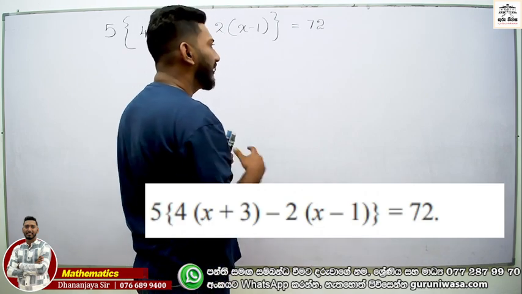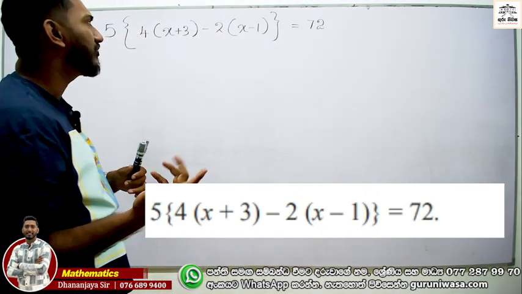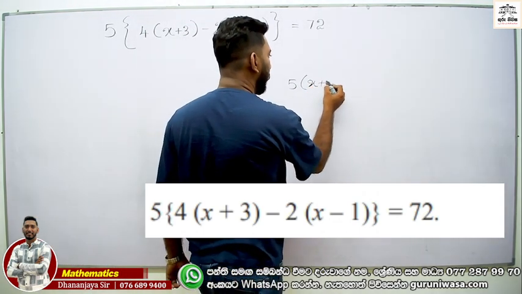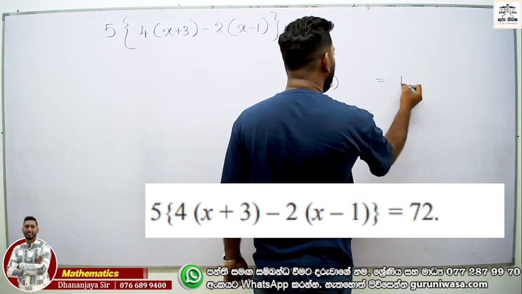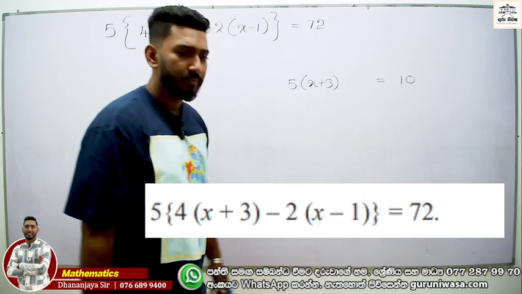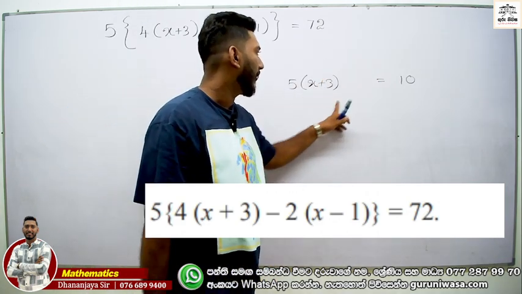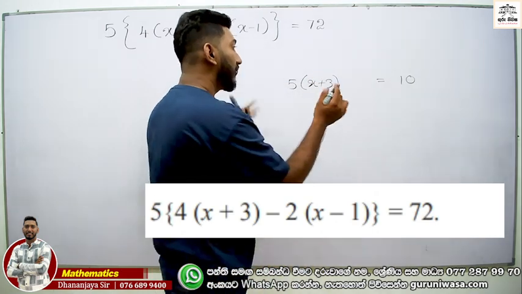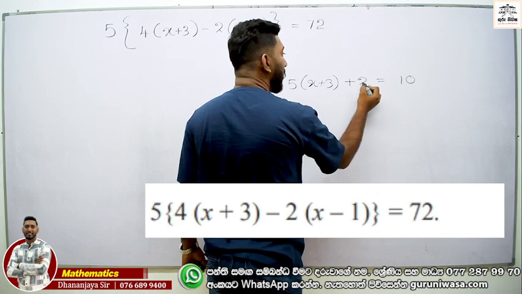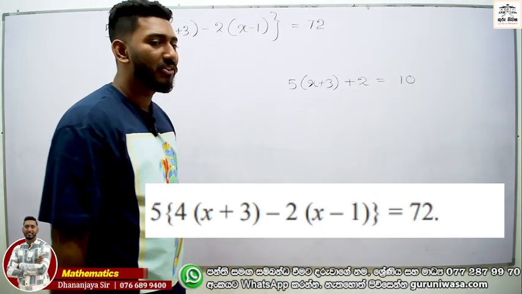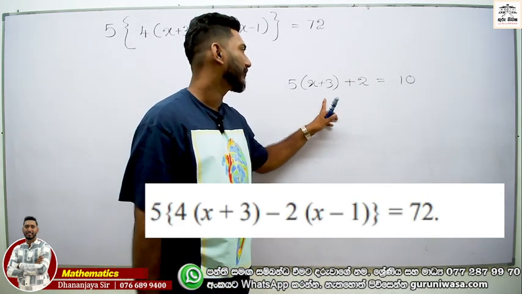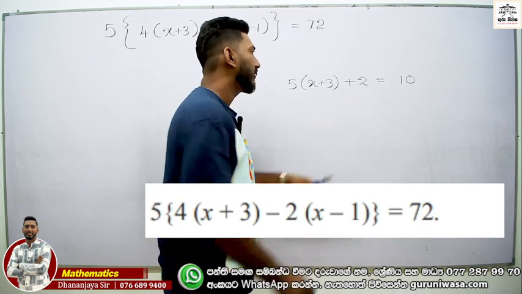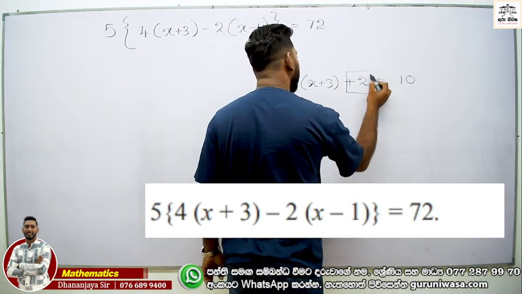Look at this one: 5 times x plus 3 equals 10. This one is like a family, with no addition or subtraction after it. Now this one is not a family. We cannot take all of this as one, because there is an addition attached to it.